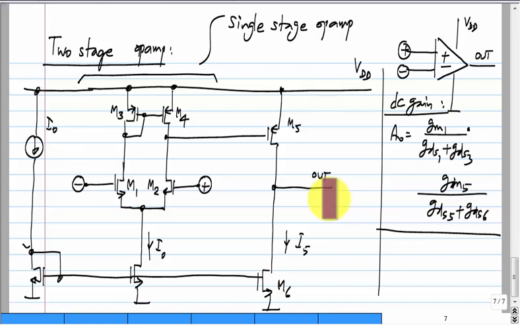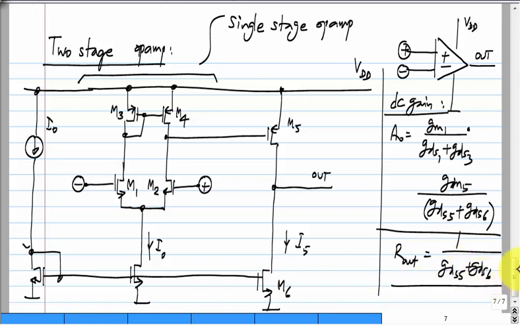Which GDSs do come into play here? 5 and 6, both, because we have this common source amplifier that contributes GDS 5 across it, and this current source contributes GDS 6. In fact, that is the reason why we have GDS 5 plus GDS 6 in the denominator over there. So, the output resistance is 1 by GDS 5 plus GDS 6.